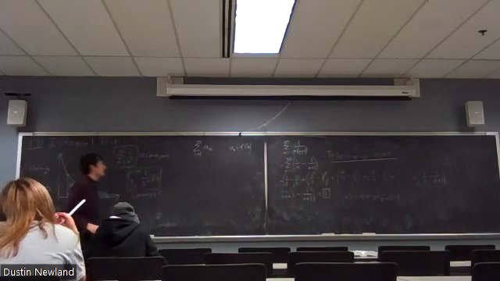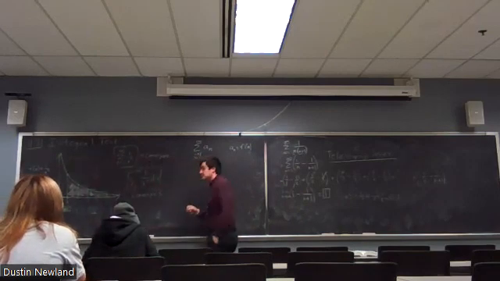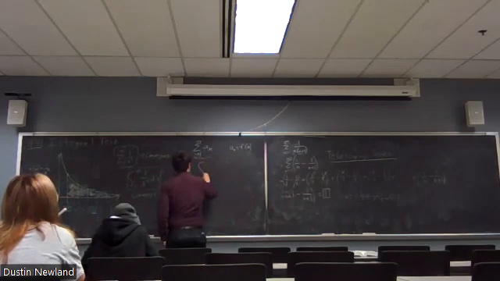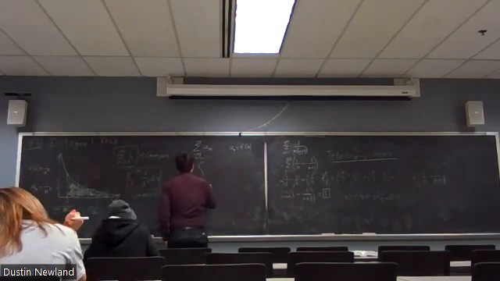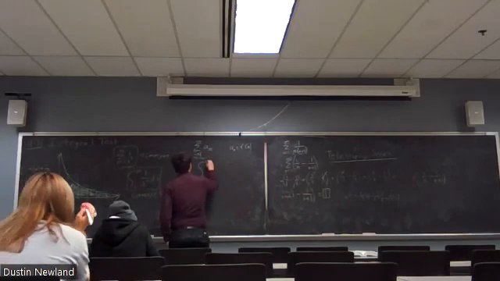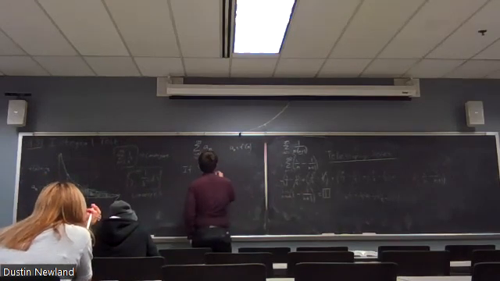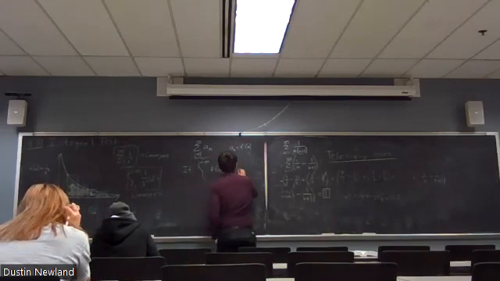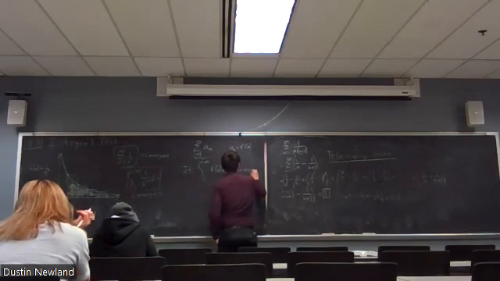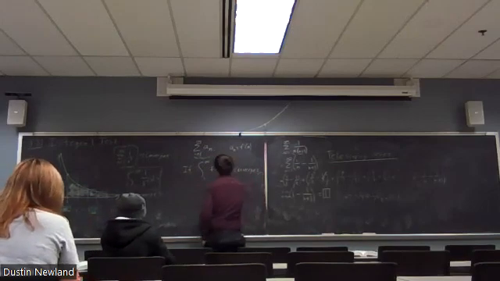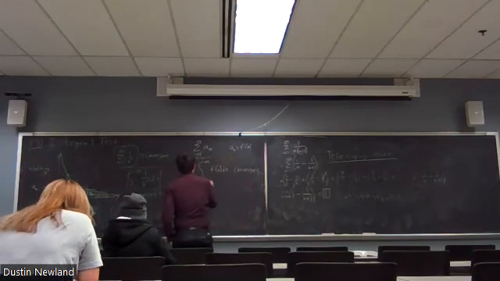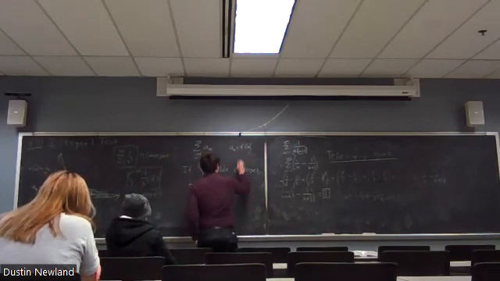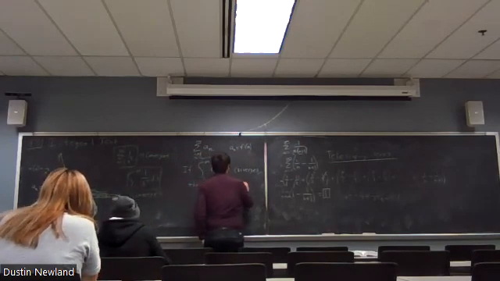So, to determine if this converges or diverges: if the integral from 1 to infinity of f of x dx converges, then the sum from n equals 1 to infinity of a_n, which is f of n, also converges.